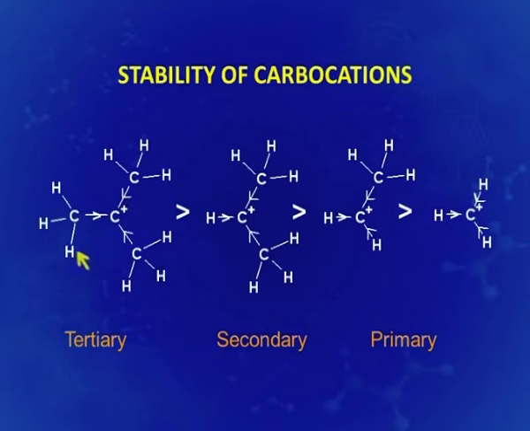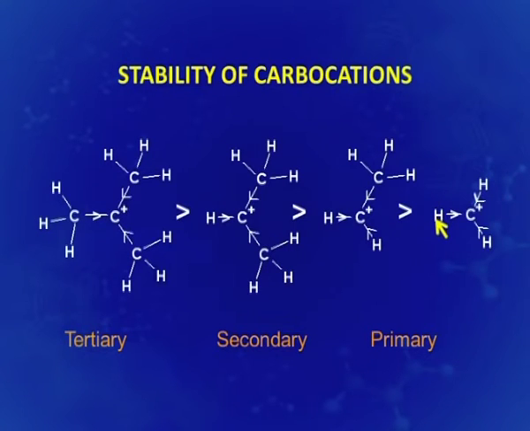We know that a tertiary carbocation will have 3 alkyl groups attached to the carbon. The secondary will have 2 alkyl groups and a hydrogen, whereas a primary will have only 1 alkyl group attached to the C plus, and of course, this is a methyl carbocation.